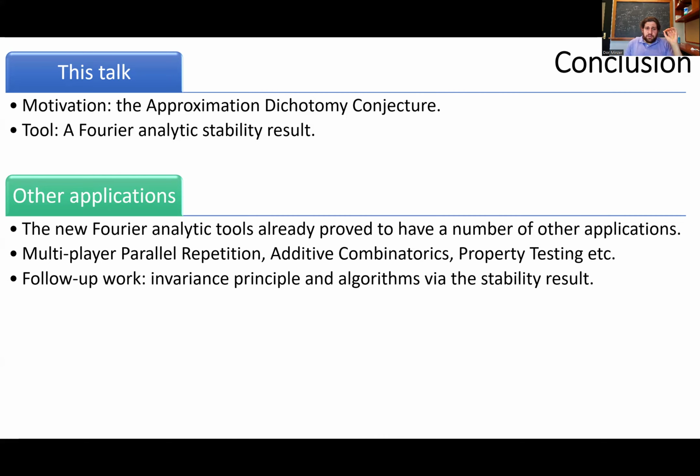And one thing that is quite nice about it is that you can generalize the invariance principle, which is very prominent in the study of approximation algorithms and hardness of approximation, to what is called the mixed invariance principle, and this is useful in our case.